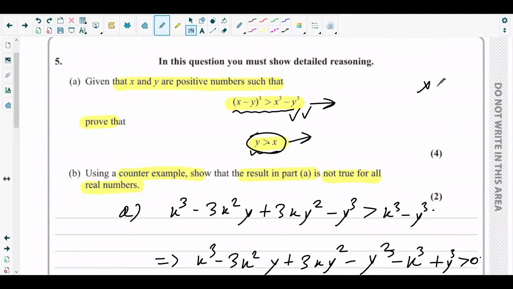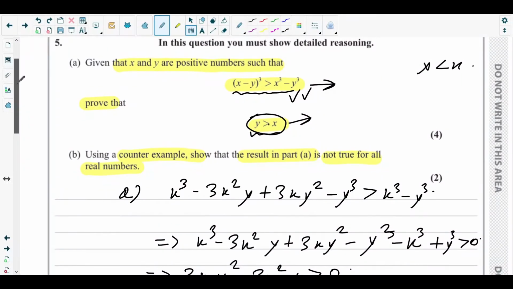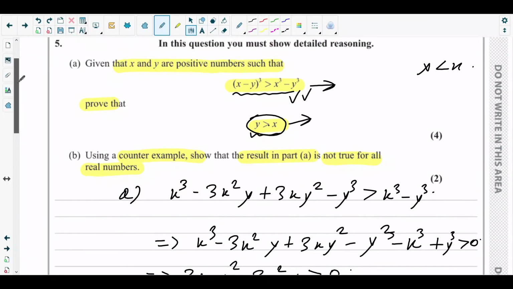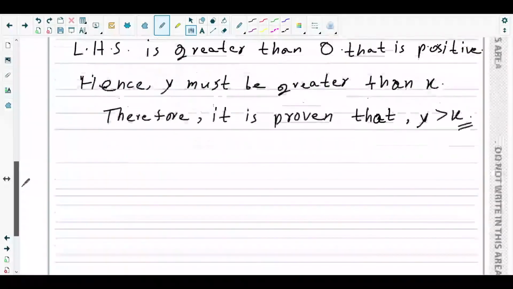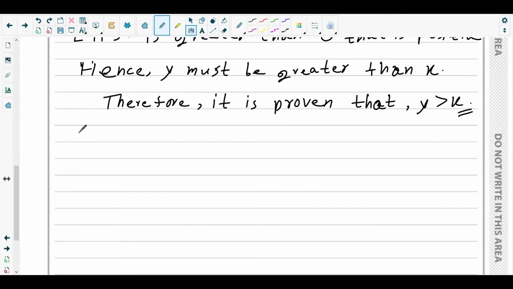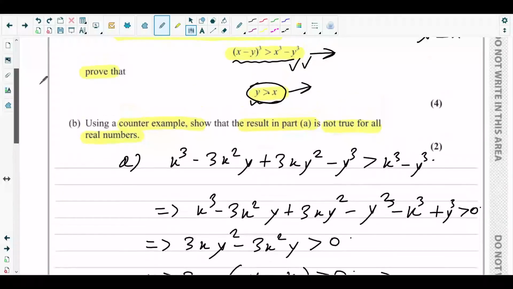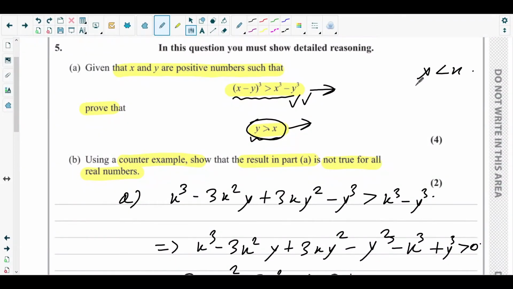Let's consider two values for y and x. You can consider any value, but only x should be greater than y. It should be the opposite, the counter.